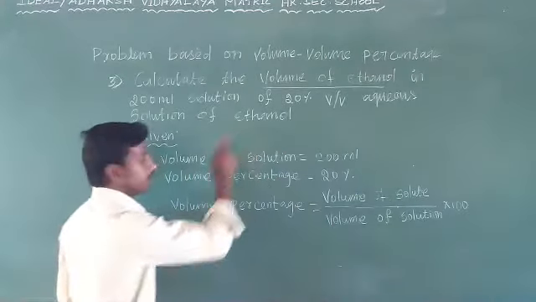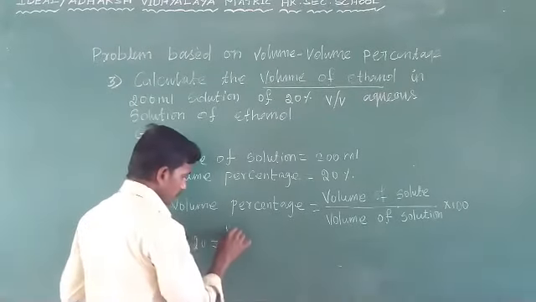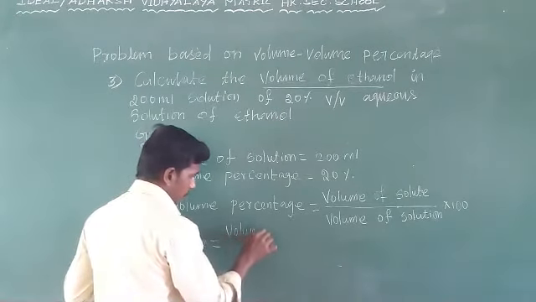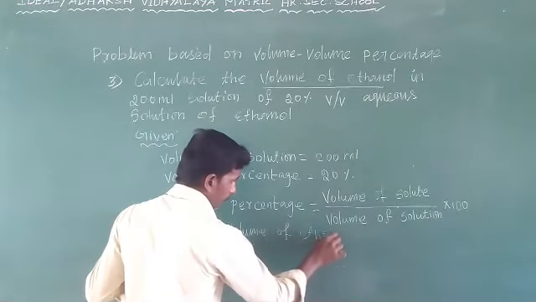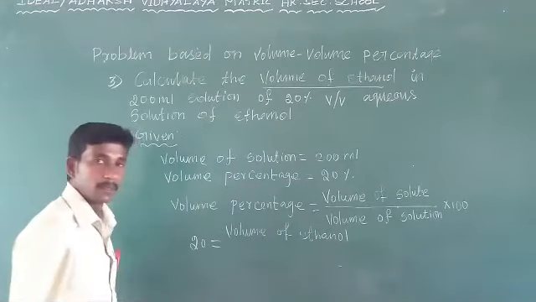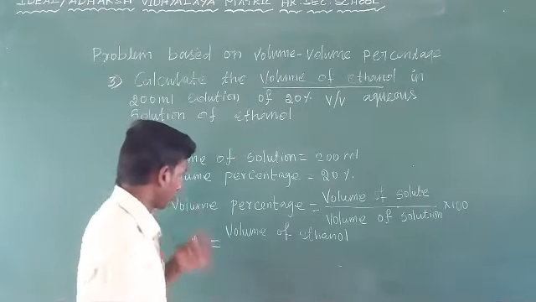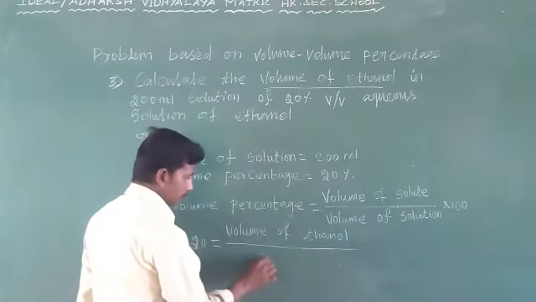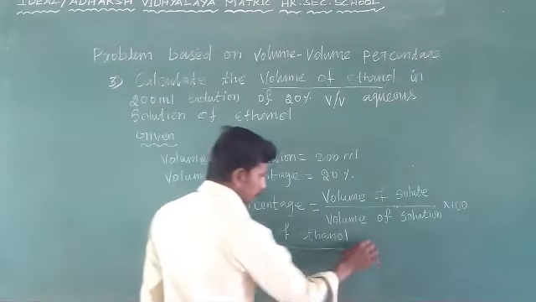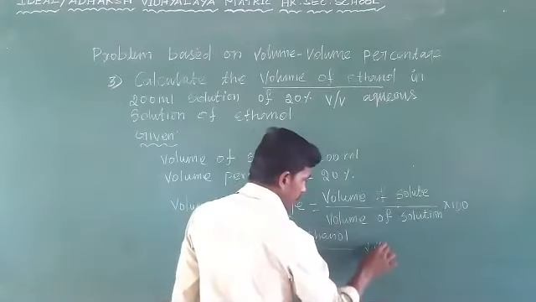Here the solute is ethanol, so volume of ethanol, divided by volume of solution, that is 200 ml, into 100.